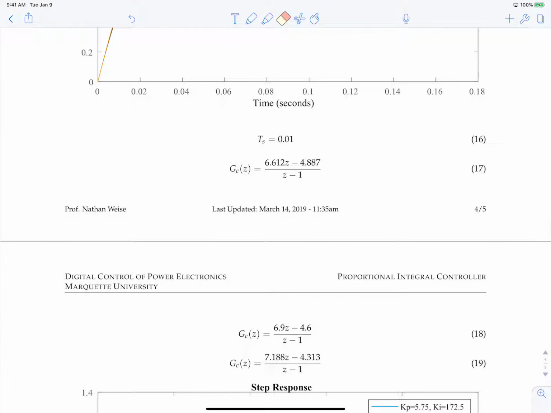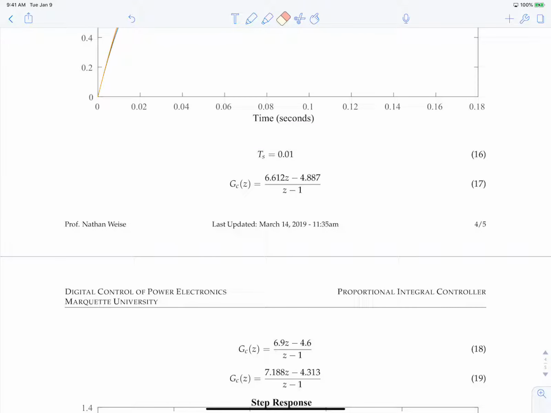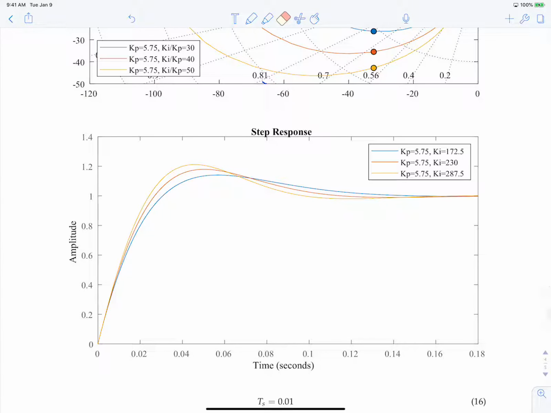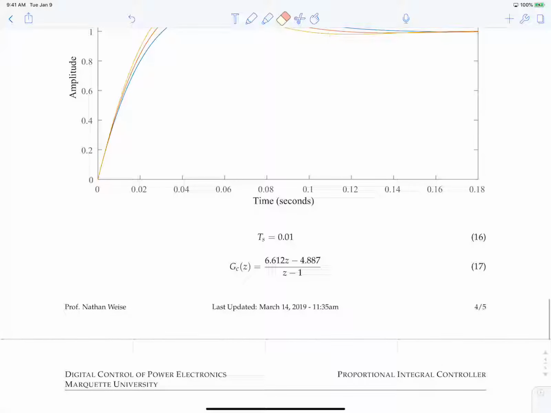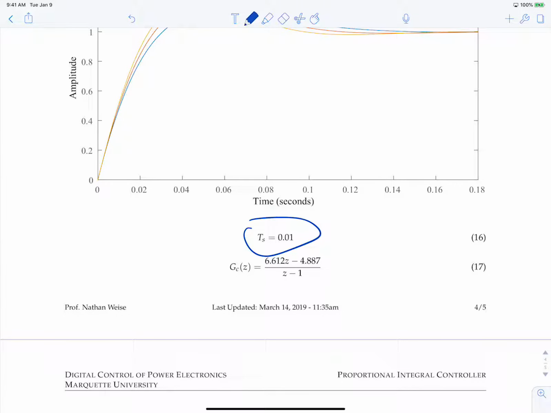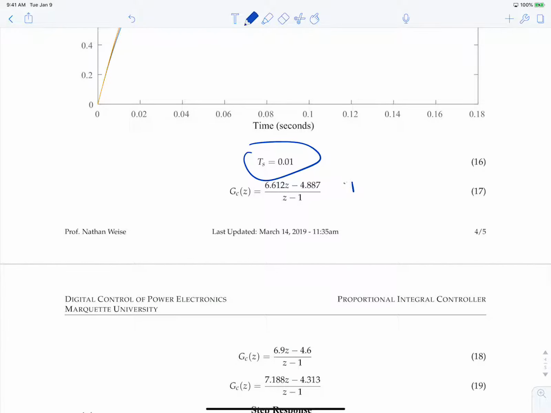All right, so the next thing we're going to do is take a look at these responses now that I have these controllers in the S domain. That means I have Kp and Ki, but I looked at them in continuous time. Let's see what they look like in the Z domain. So I'm going to pick a sampling time first. I picked 10 milliseconds, and I'm going to convert these through the Tustin approximation.